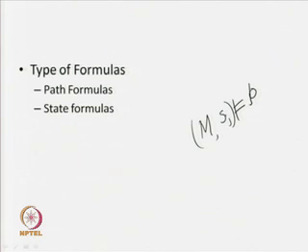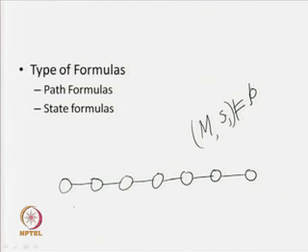Now, we have two notions, one is called path formula and the second one is called state formula. Just see what we discussed in the last class. We have a sequence of states, marked as S1, S2, S3, S4, S5, S6, and say that in S5 the atomic proposition P is true.